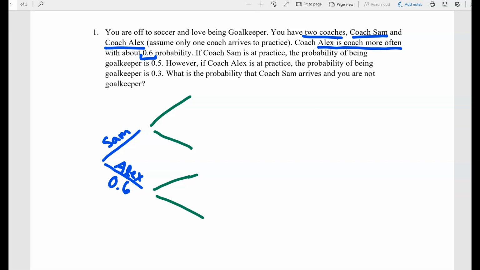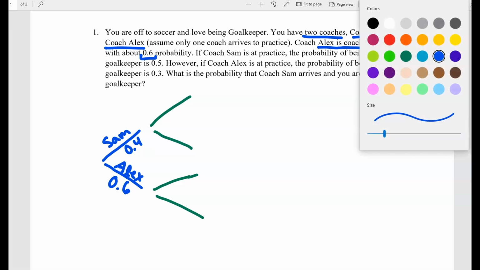If Coach Alex appears with a chance of 0.6, Sam will appear with 0.4, because that's just the complement: 1 minus 0.6 is 0.4. Or think about it like this: Alex appears 60% of the time, so Sam should appear 40% of the time. These are the two different types of probabilities.